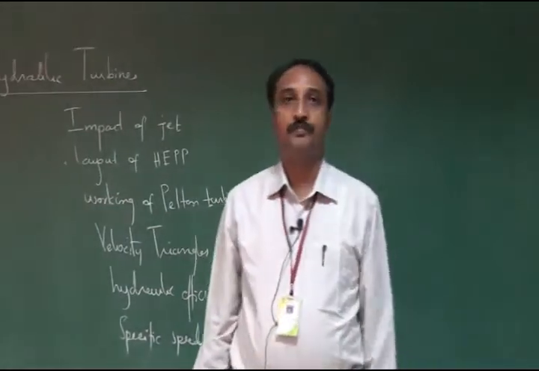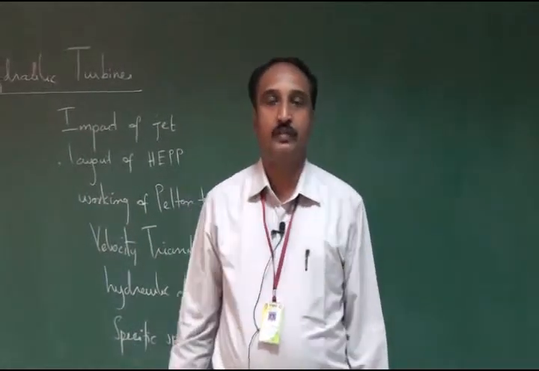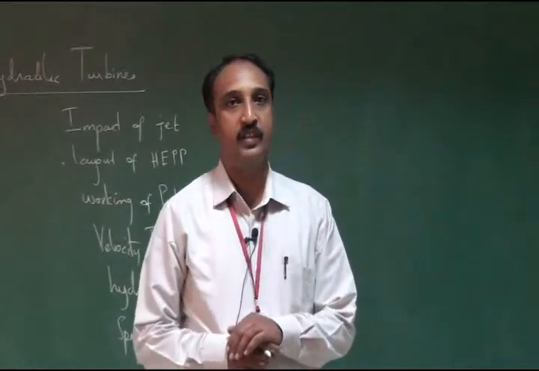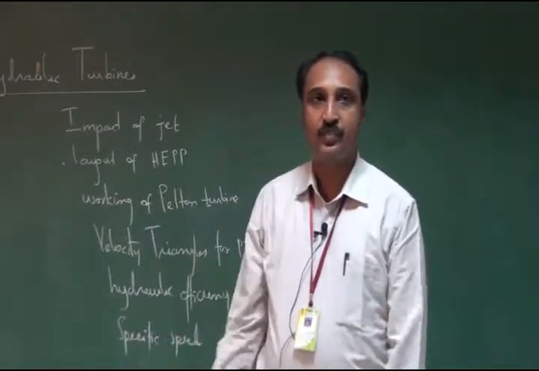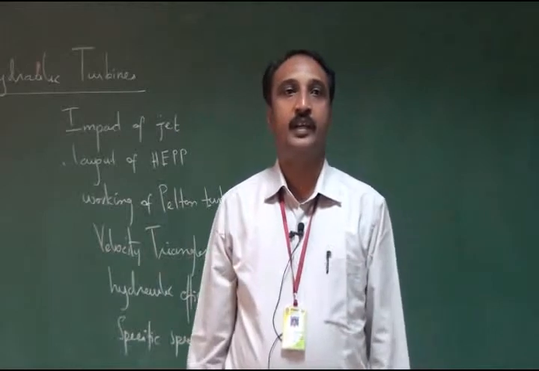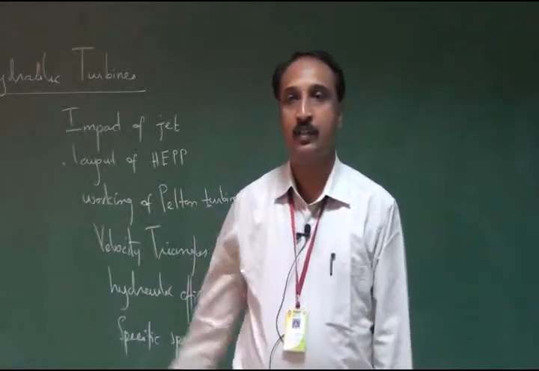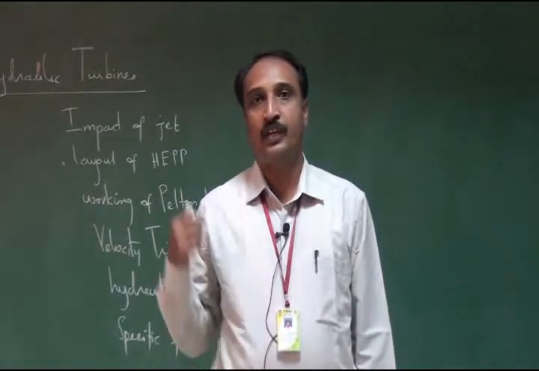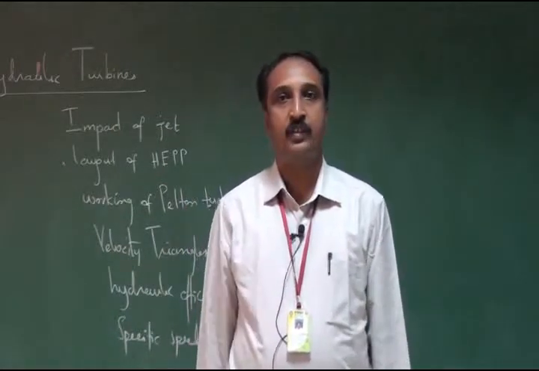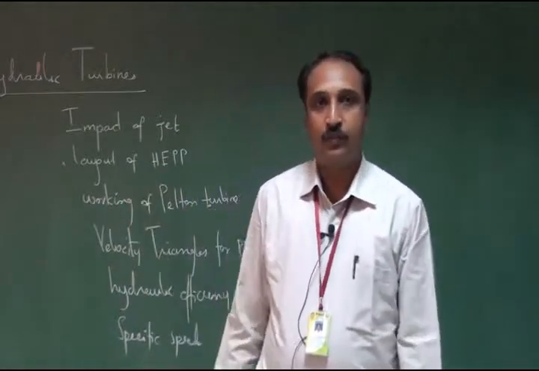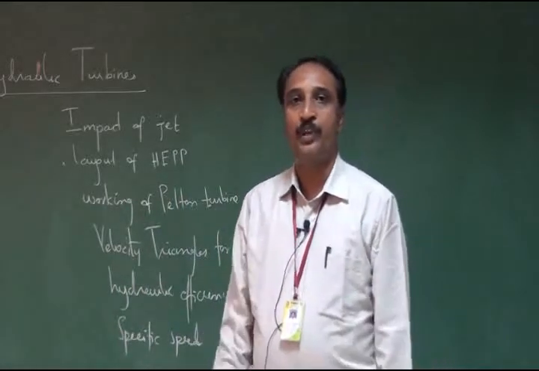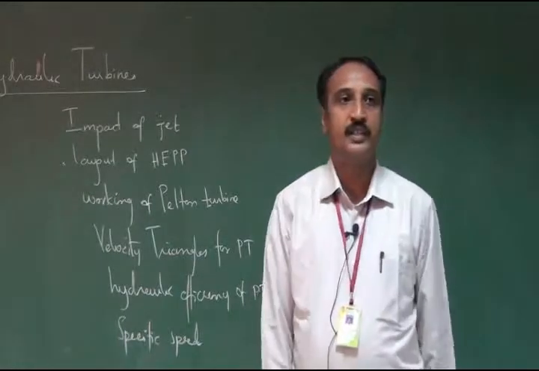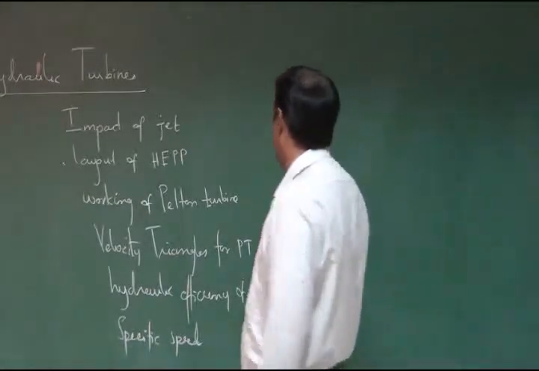Now, a turbine is a machine which converts hydraulic energy into mechanical energy. This mechanical energy is used to run the electric generator, because the generator is directly coupled to the turbine shaft. So the generator produces electricity. Thus, electric power produced by means of hydraulic energy is called hydroelectric power.